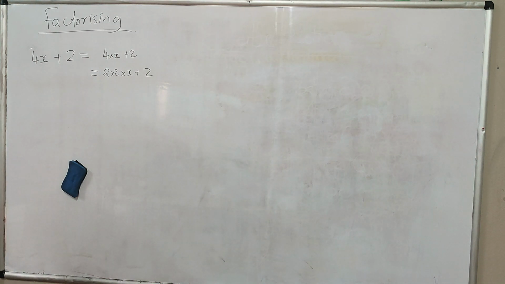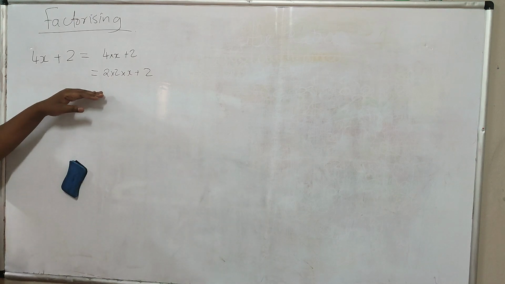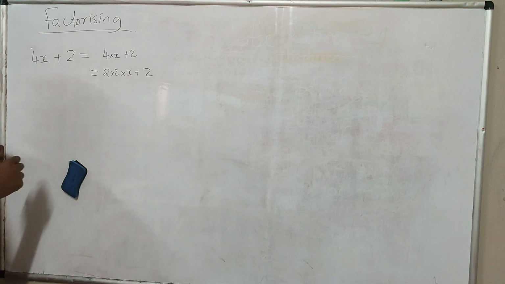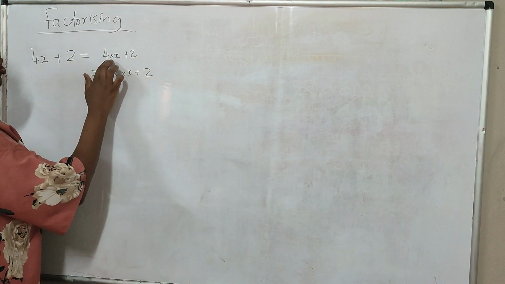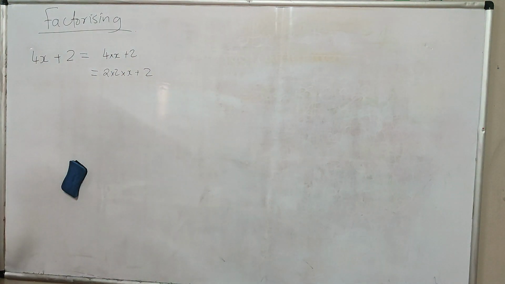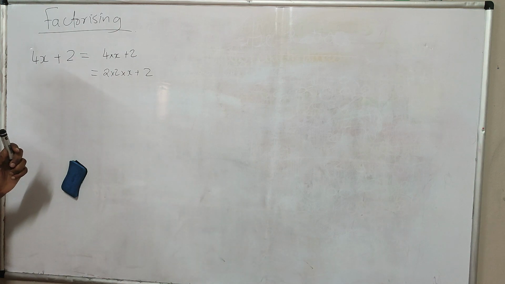Okay, but what you've done here is actually very good, because it will allow her to see something. What is the highest common factor between these two terms? You can take that highest common factor and put it outside of the bracket.